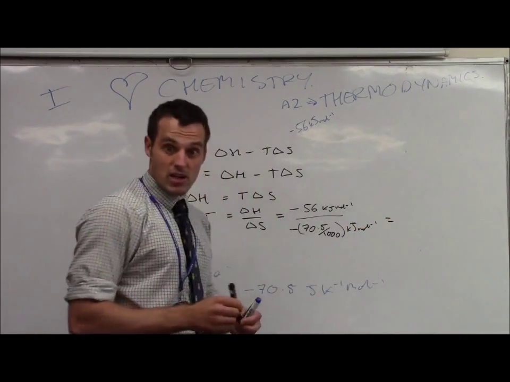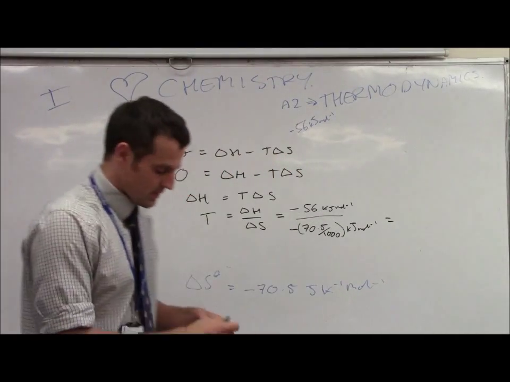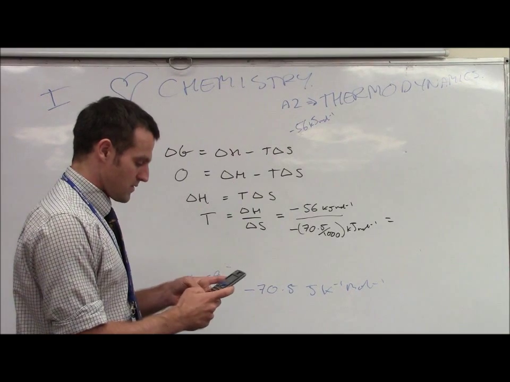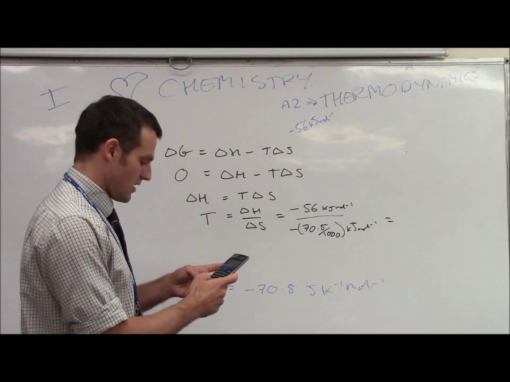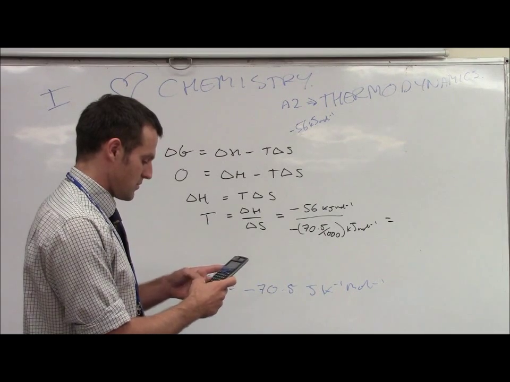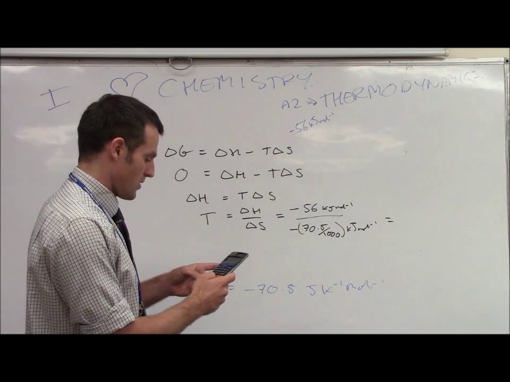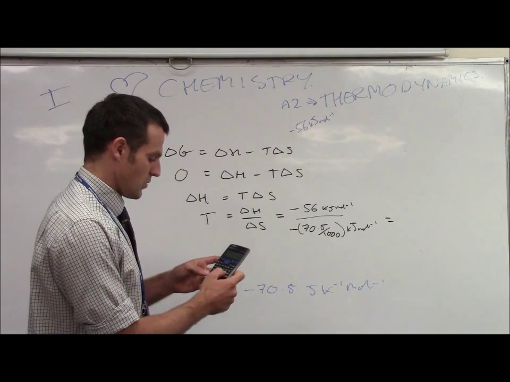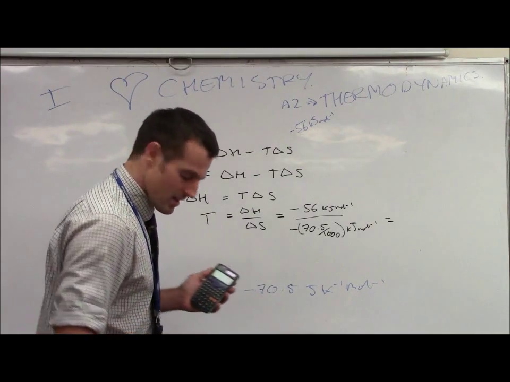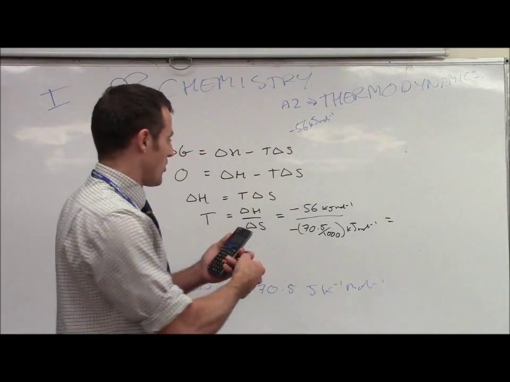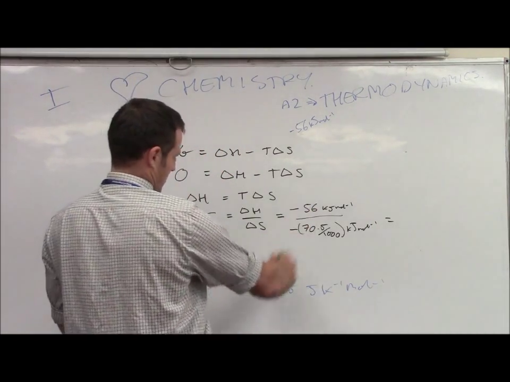So we do the maths and make sure that makes sense. Calculator. Minus 56 divided by, open brackets, minus 70.5 divided by 1,000, close brackets, equals 794.3, 3 sig figs throughout.